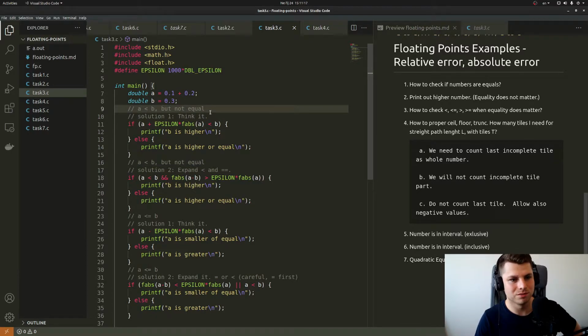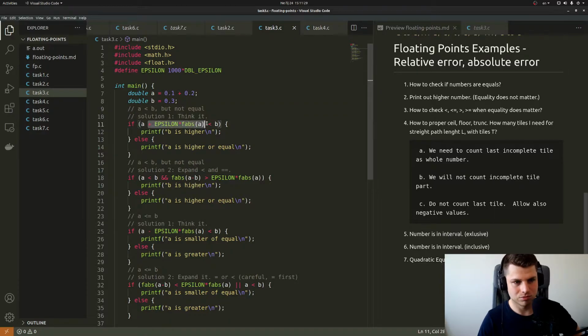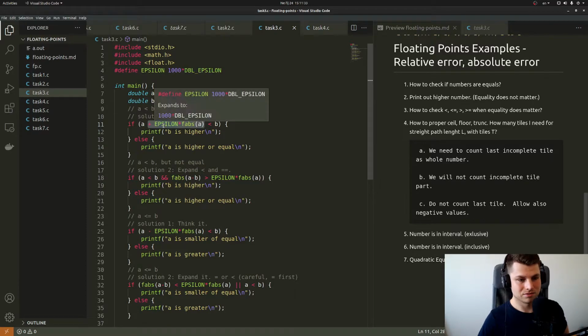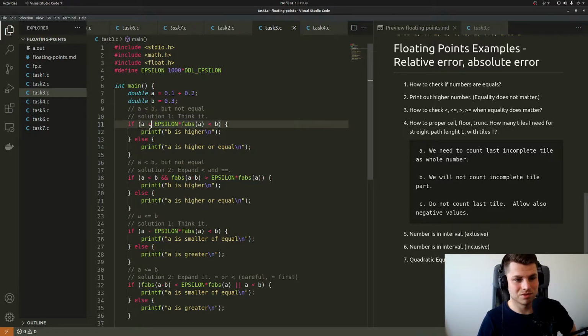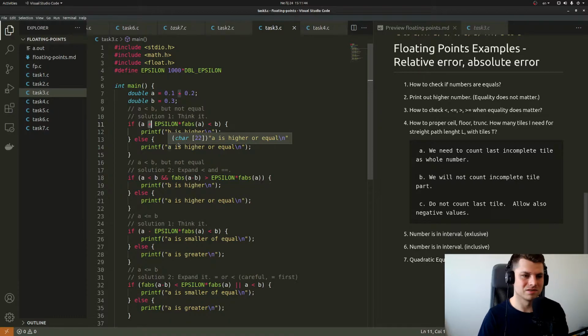We have two solutions here. One solution is that we put the epsilon on one side. We can do it always, for example, on the side of a, on the left side, but then we have to decide when we want to subtract the epsilon, when we want to add the epsilon.